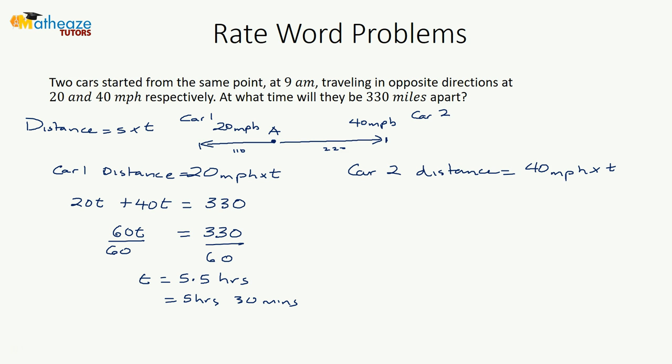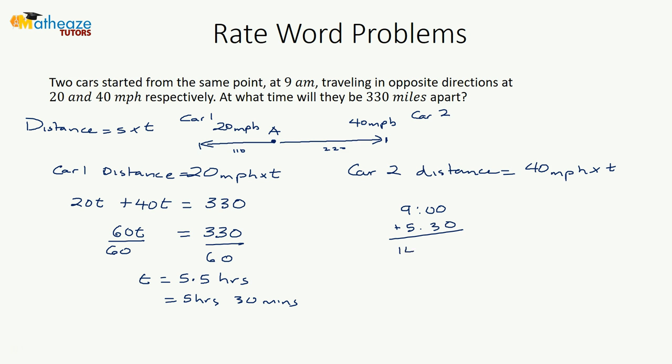But the question is not done. It's asking at what time. So what we're going to do is add the number of hours, the duration here, to 9 a.m. so we can know what time it would be 5.5 hours from when they started. So this is going to be 9 a.m. and then we add 5.5 hours to this.